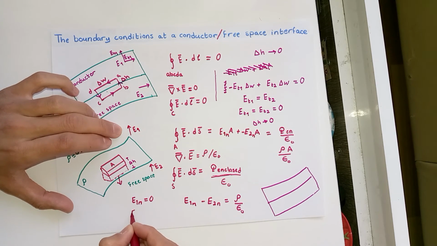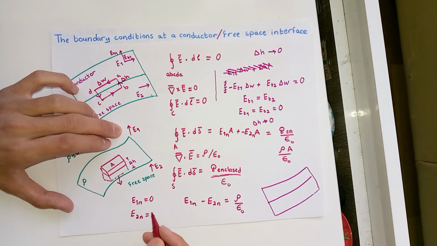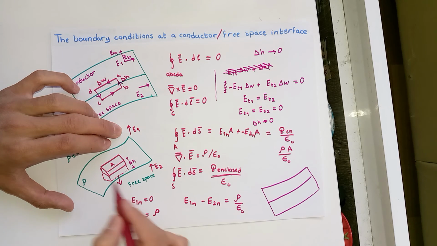So the normal component of the electric field outside the conductor, in the free space, which is caused in the free space because of the conductor, is equal to the charge density on the surface of the conductor divided by the permittivity.